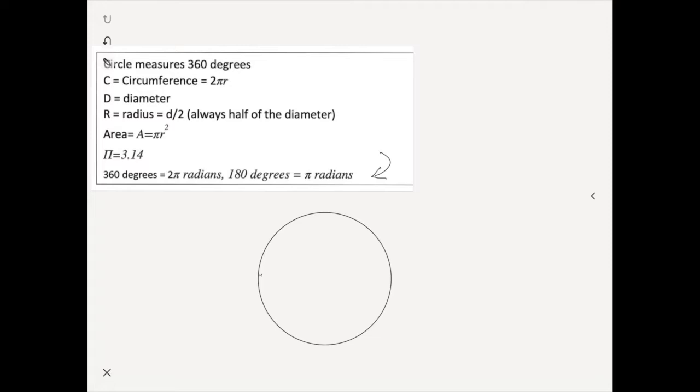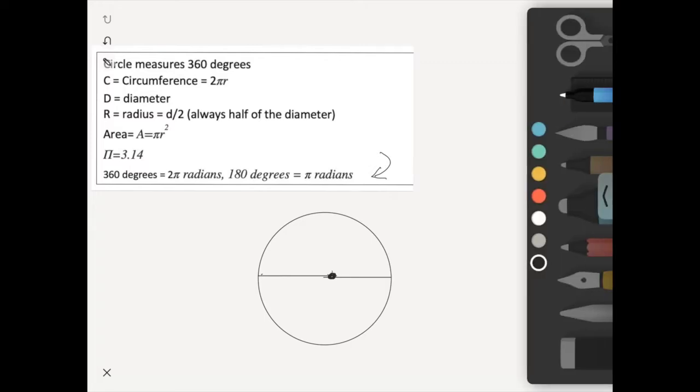So let's say I have this circle right here. That is a radius. If you go about halfway through the circle, that is a radius. If you continue all the way across, that is a diameter. So if we're given a problem, let me erase this line.